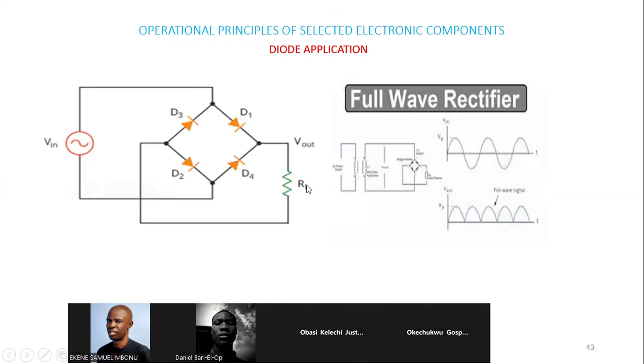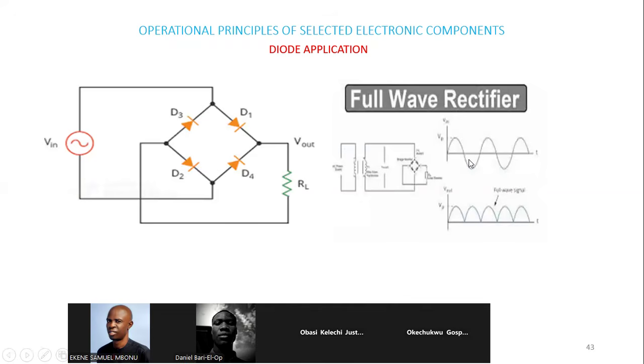Since the current direction through the load is always in one direction, we say that we have rectified the AC source. This is still pulsating, not yet pure DC.